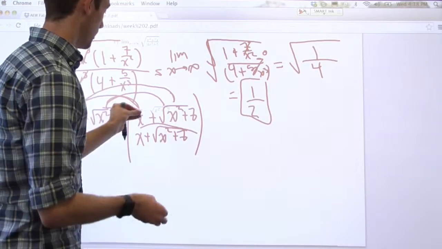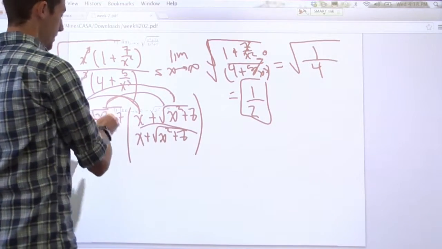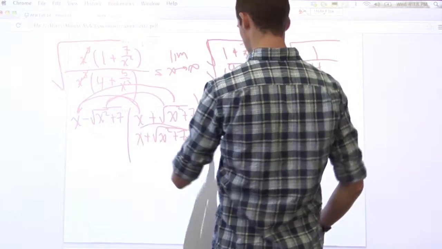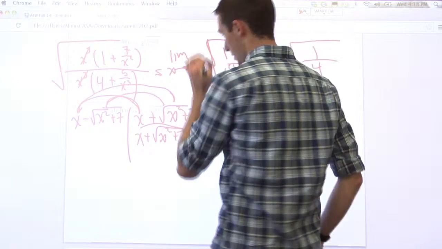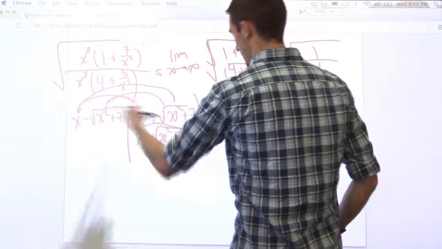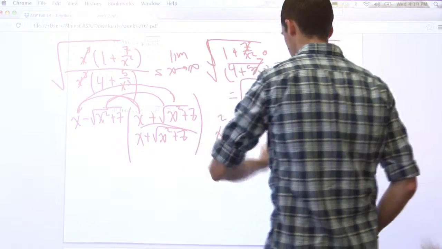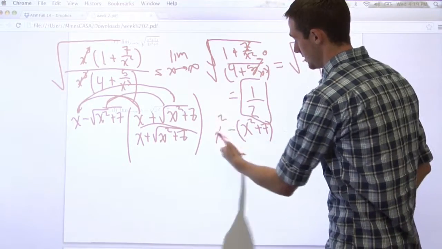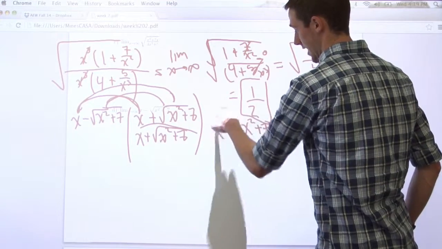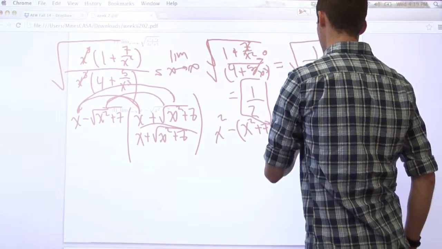When I take something times something else, it's like squaring it, so I can just square the square root. That leaves me with an x squared on top from the original one. My middle terms dropped out, and my end term is going to be a minus parenthesis x squared plus 7. Make sure you put that parenthesis in there, because that minus is going to distribute out. You can see an x squared minus x squared, so that goes to 0, minus 7, so I'll have a negative 7 on top.